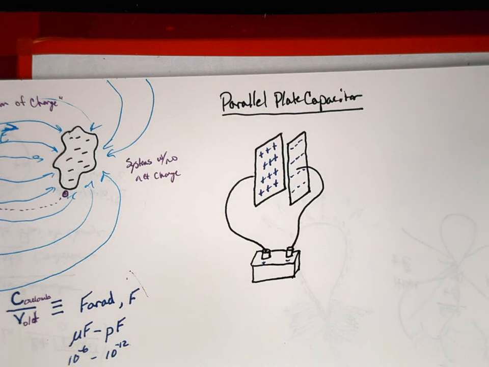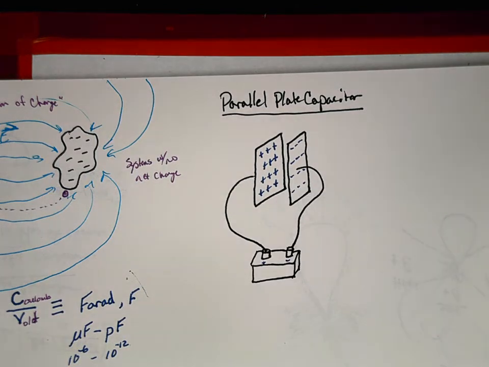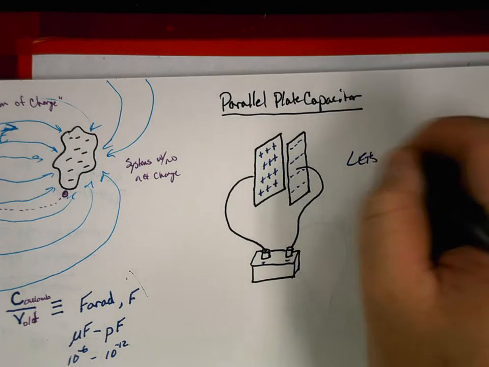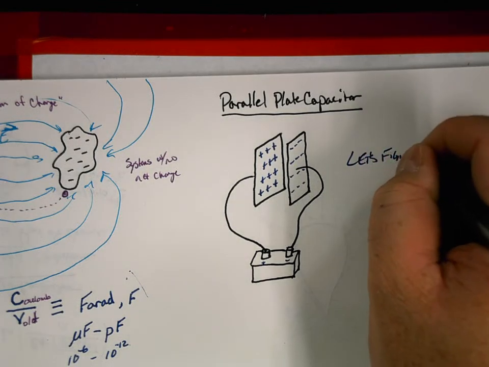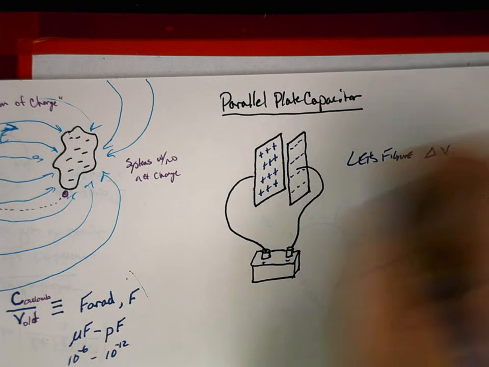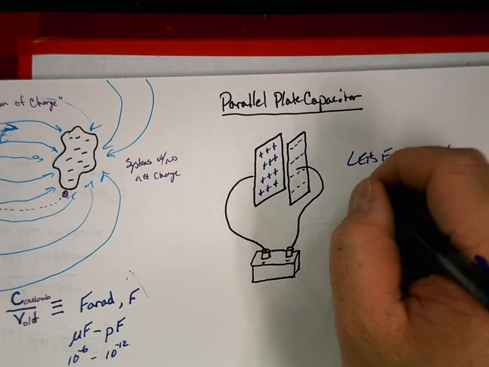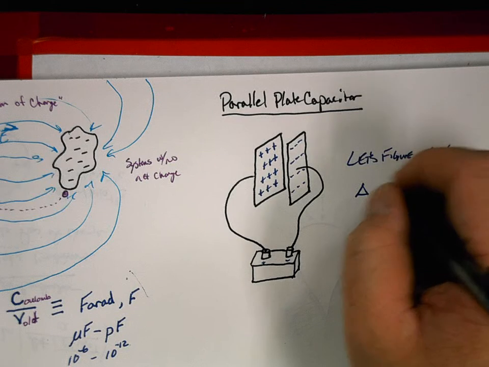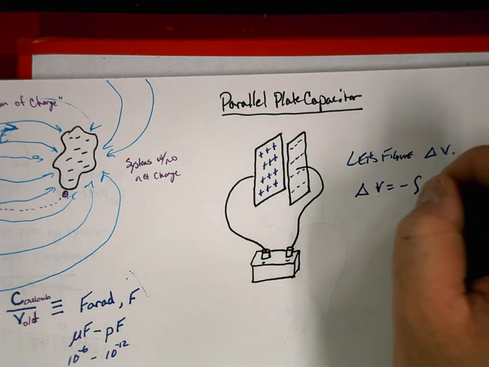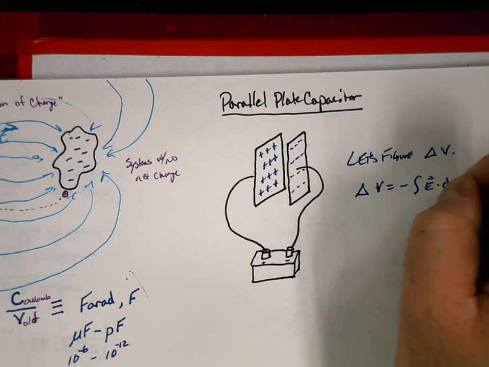So what we're going to do is figure out our voltage. Let's figure out our delta V. We need to start with our fundamentals, V equals negative integral E dot ds.